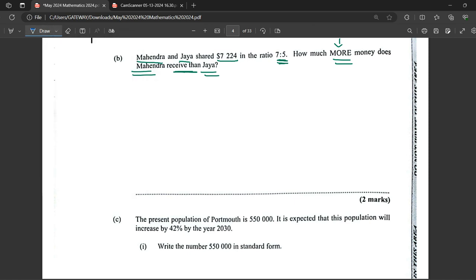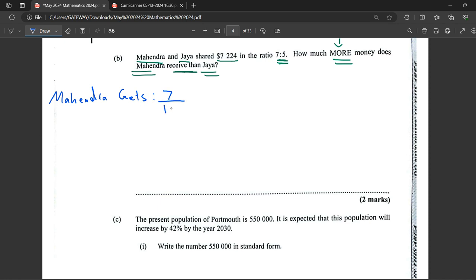So what we're going to do here now, let me find out how much money Mahendra gets. So Mahendra gets 7 out of the sum of the ratio. That would be 7 plus 5, which is 12.